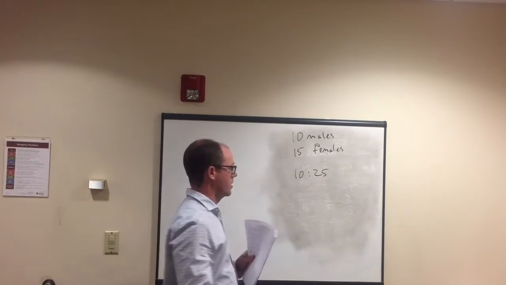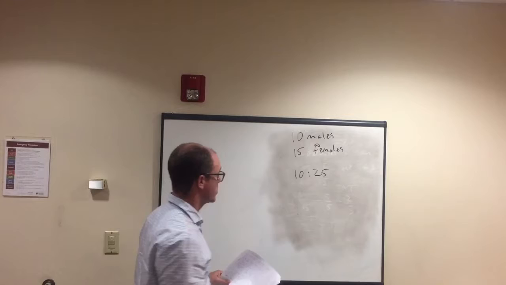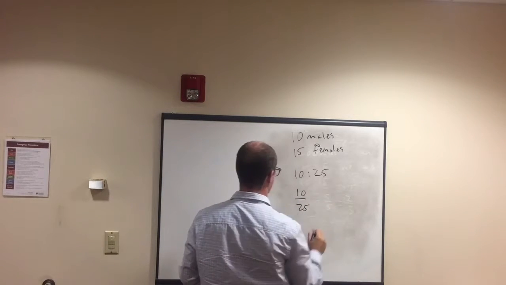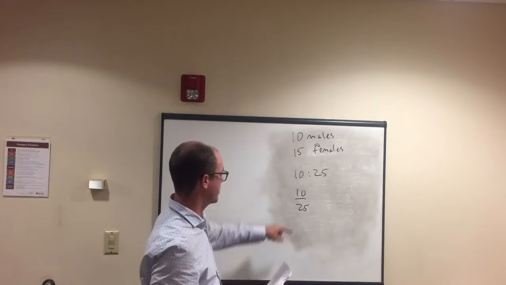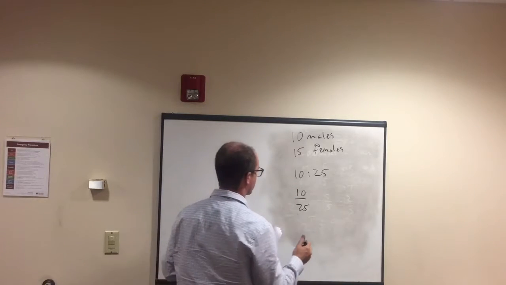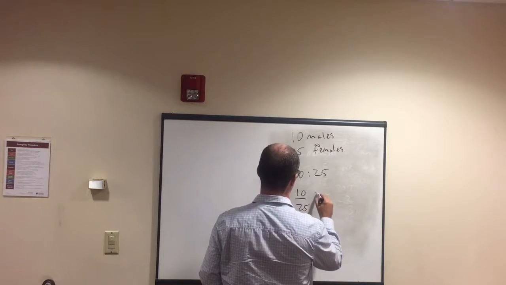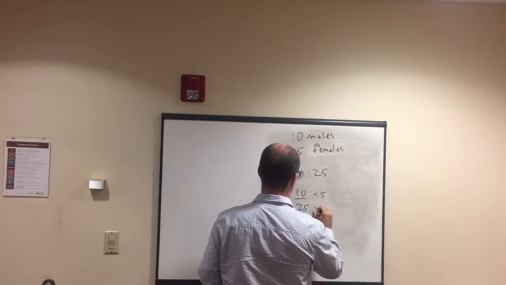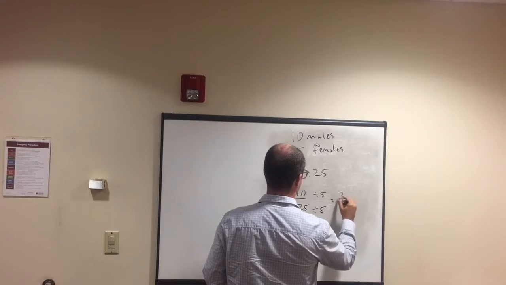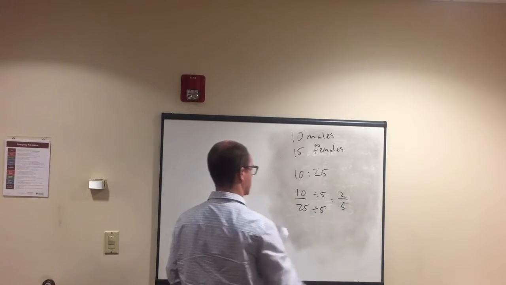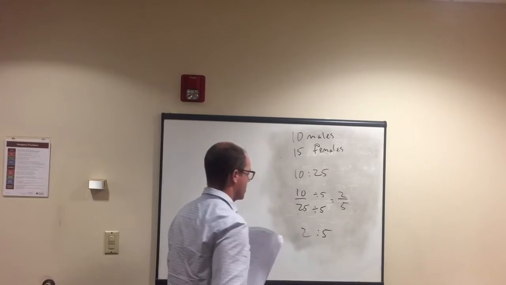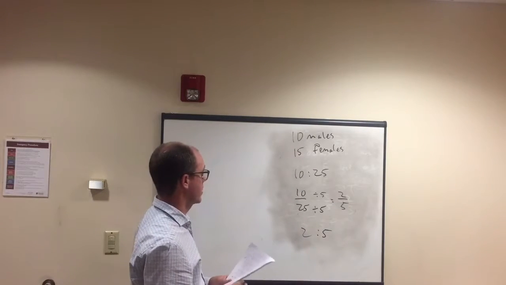That would be a ratio of 10 to 25, and again, they will want you to reduce, almost for sure. So 10 over 25, how can I reduce that? I gotta be able to divide something by the top and also by the bottom, numerator and denominator. 5 looks like the good number. And that equals 2/5. So the ratio of males to everybody is 2 to 5. That's how you do that.